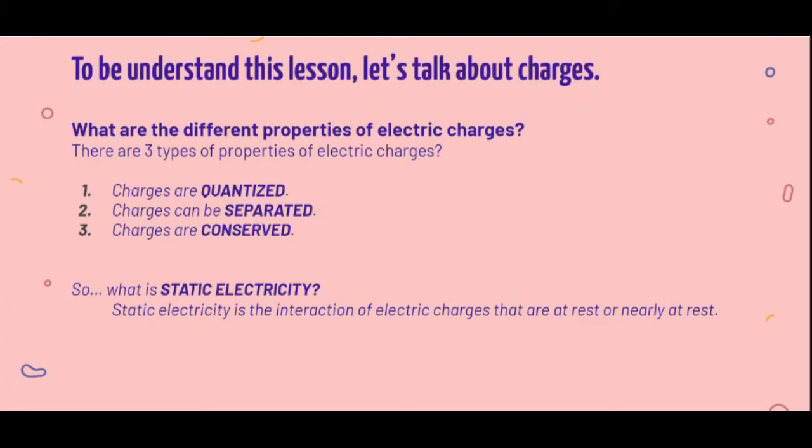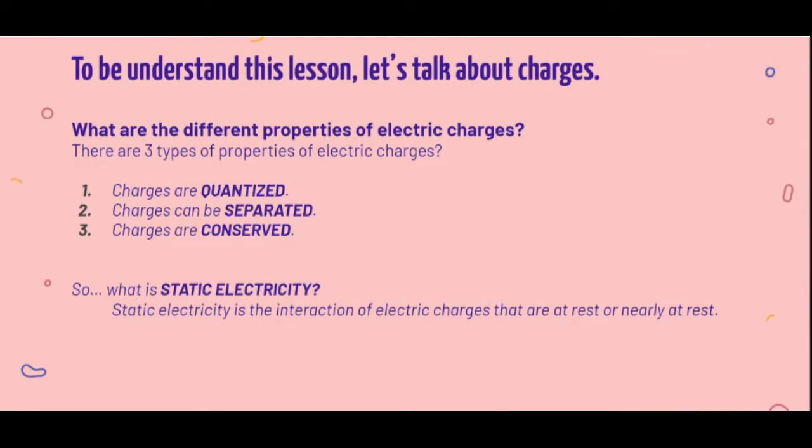And we can separate charges. We can isolate charges from positive charge to a negative charge. So if there is a group or a system of electric charges, we can separate the negatively charged particles from the positively charged particles.